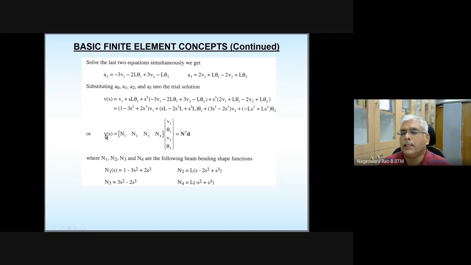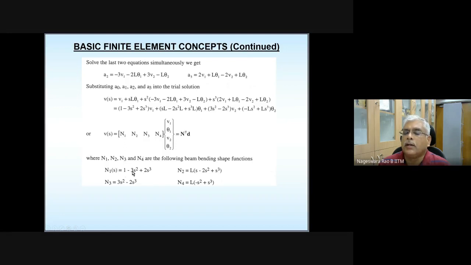Here, for the two-node beam element that we derived, V is N transpose D, and how V varies over an element is going to depend on the degree, or order, of these shape functions.